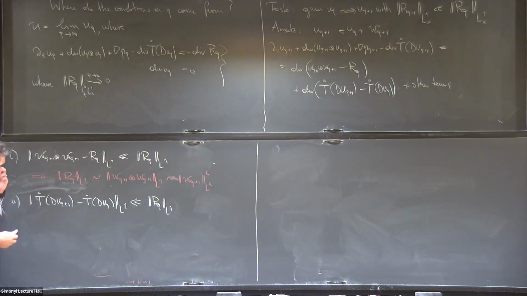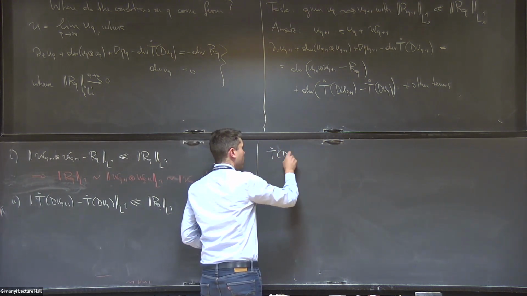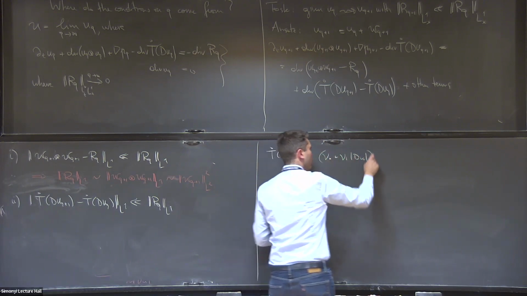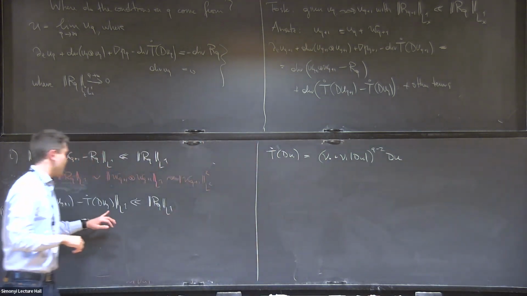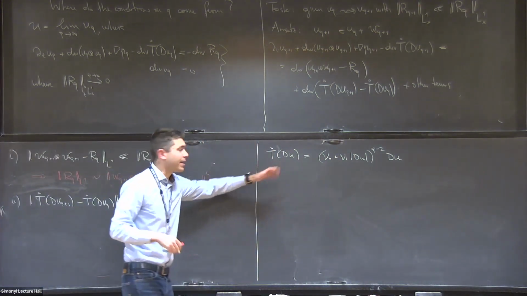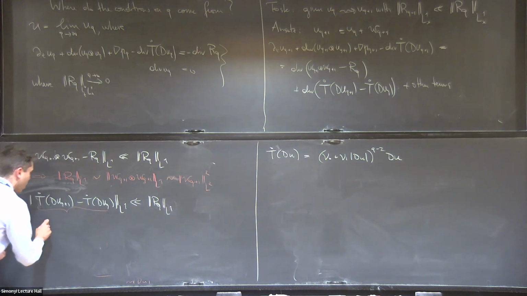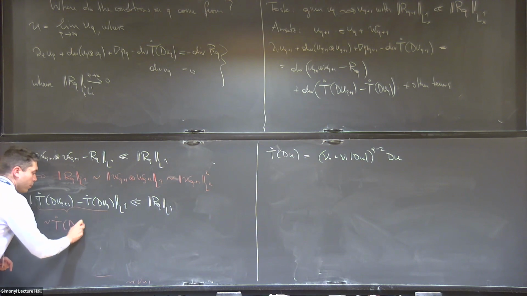And then we have the second. What can we deduce from the second? Let me recall what T was. This T of Du was mu0 plus mu1 |Du| to the q minus 2 times Du. So it's clearly non-linear, but let's say that it behaves like a linear function. So this difference has to be approximately T of the difference of these two guys, which is exactly D of W_{q+1}.